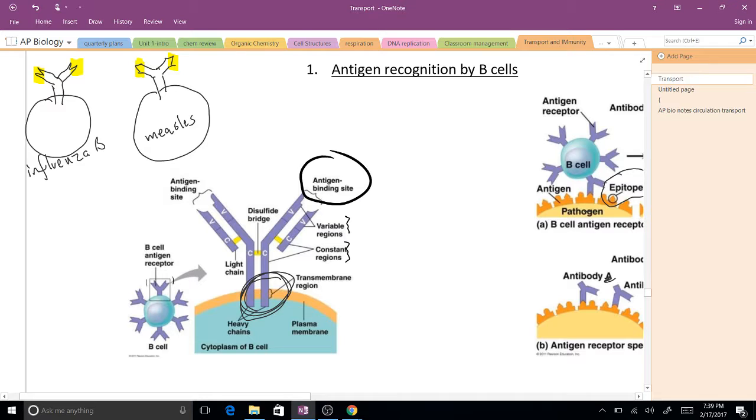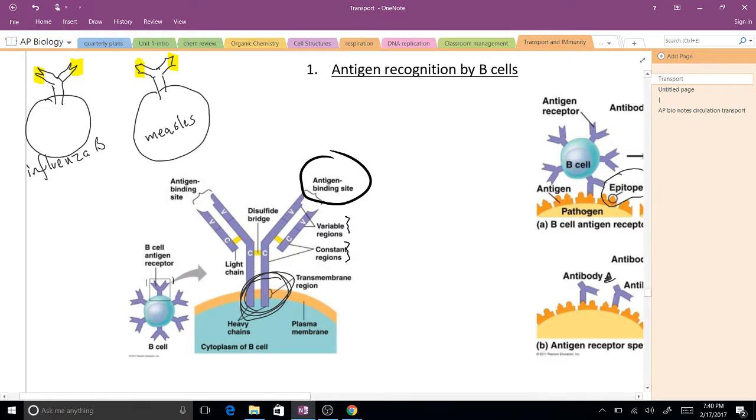Well, hopefully you are thinking back to the idea that these proteins are governed by genes. And so the variable regions are coded by separate kinds of genes, and we'll talk about that in a second. The constant regions, well, are constant. Those genes don't have much variation. And then you throw in mutations, and we can get some more variations from that.